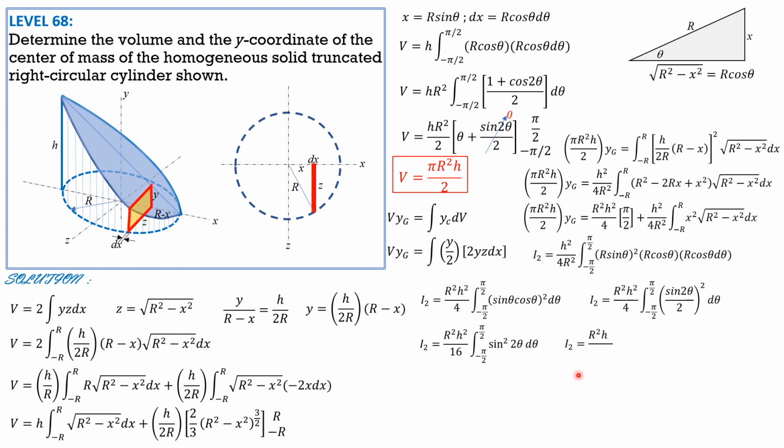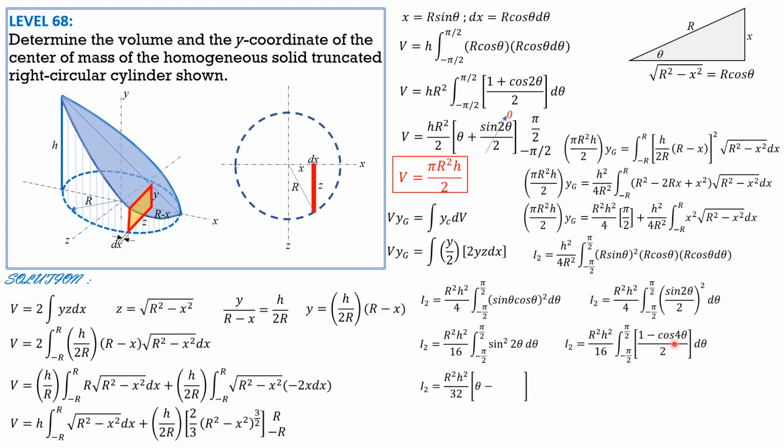So I2 is r square h square over 16, integral from negative pi over 2 to pi over 2 of quantity 1 minus cosine 4 theta over 2. So we double this, d theta. So I2 is r square h square over 32.